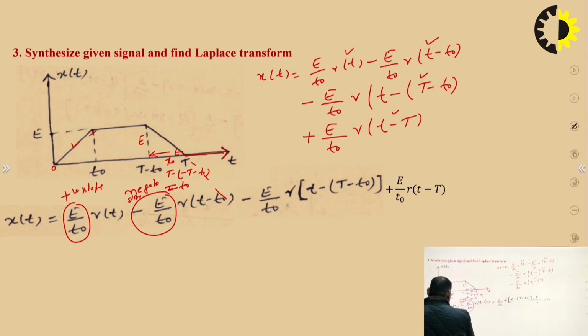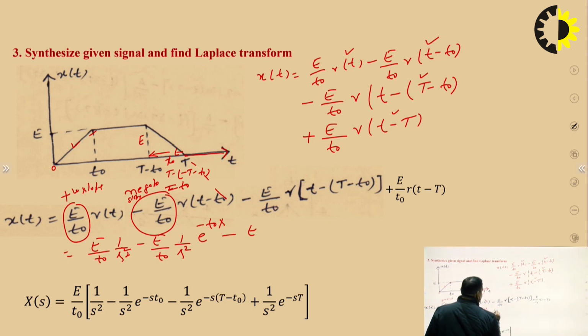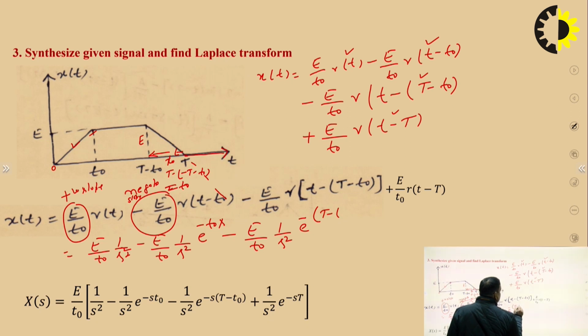Now we can take the Laplace transform. This is the ramp, so we can write E by t0, and the transform of r(t) is 1 by s squared, minus E by t0 times 1 by s squared, and it is shifted, so e to the power minus t0 s. Then minus E by t0, ramp again 1 by s squared, shifted by e to the power minus (t minus t0) s.